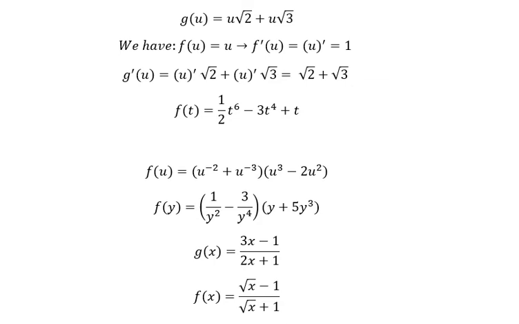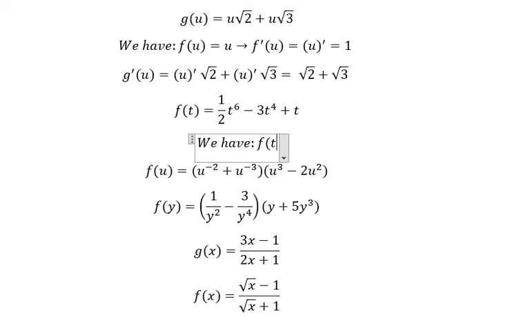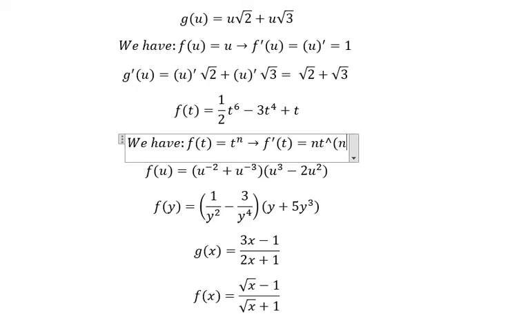Question number 2. We have the formula in here, and it represents the power. So if we do first derivative, we will have n multiplied by t to the power of n minus 1.